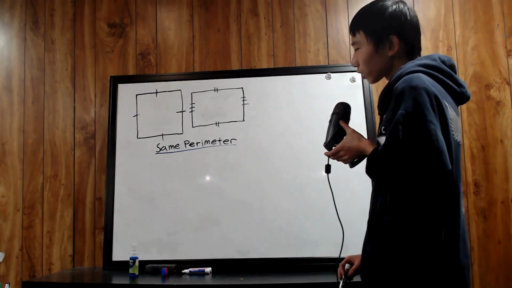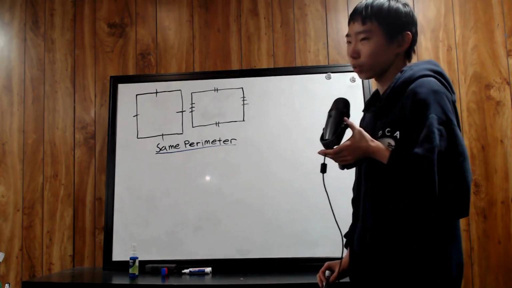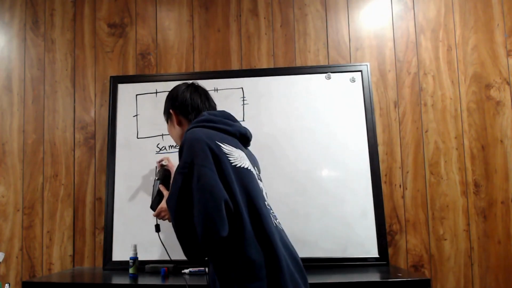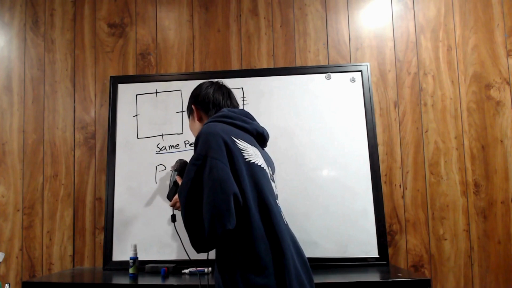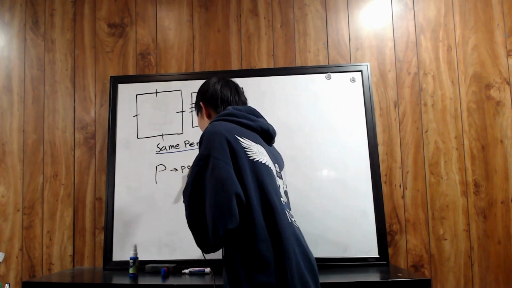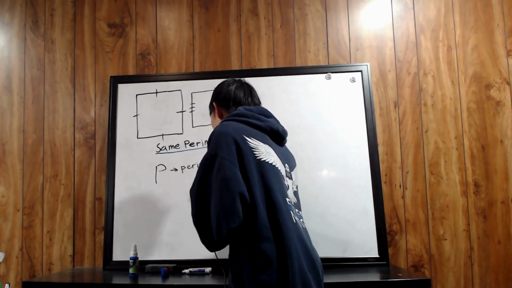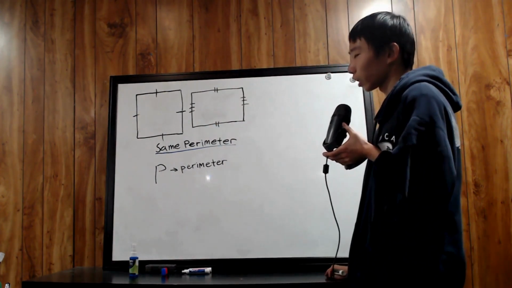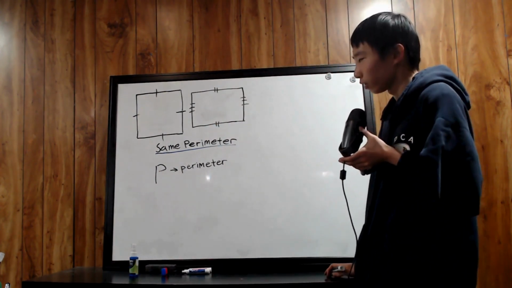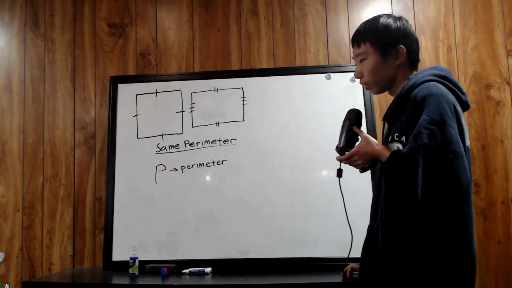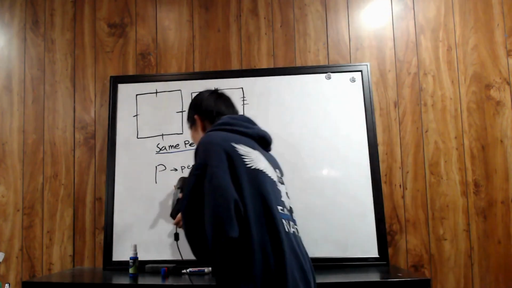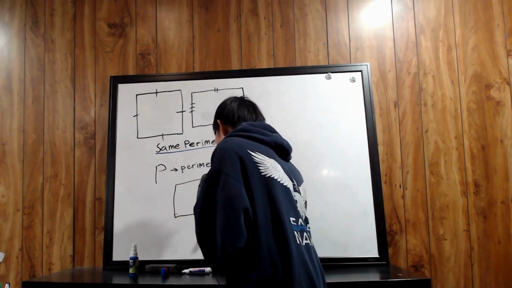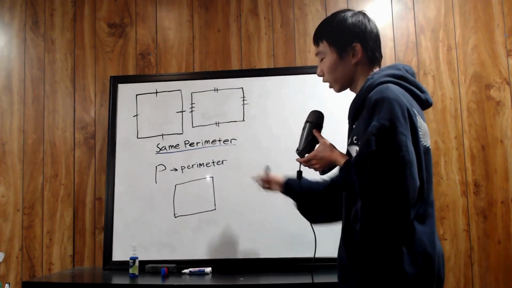So let's first assume that we have a rectangle. The information given is that the rectangle has perimeter P. So let P be the perimeter of this rectangle. Now we want to reshape the dimensions such that we get a rectangle with maximum area while still having the perimeter P. Let's just assume that it's this one.